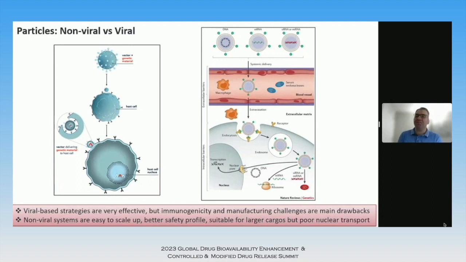We just need to release them into the cytoplasm, where the cellular machinery expresses proteins or silences proteins. So that's the biggest advantage of viral compared to non-viral, because of its ability to take genes into the nucleus. And we have multiple products by modalities, such as Sarepta Therapeutics, which involve viral-based delivery of genes for different applications, such as SMA.